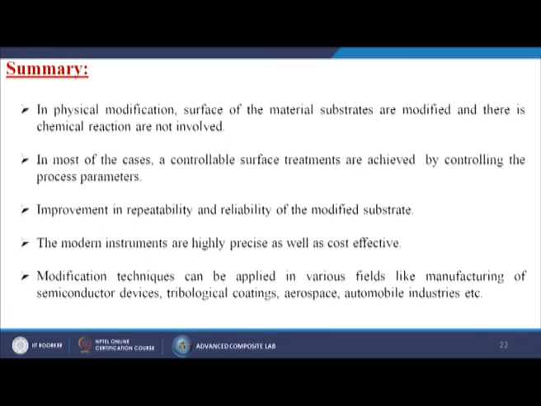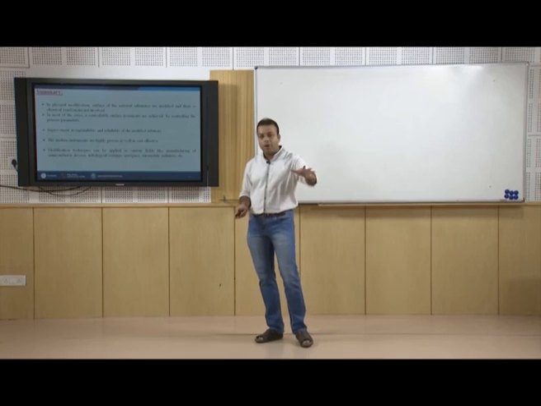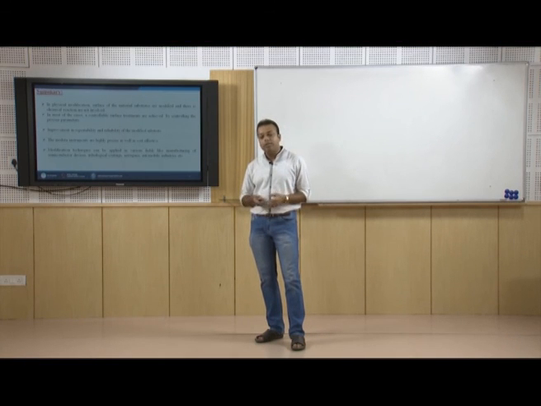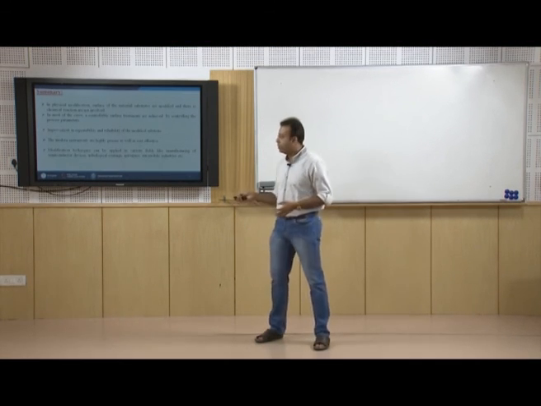Modern instruments are highly precise as well as cost effective. By doing these physical modifications, we can increase the service life of the material. Modification techniques can be applied in various fields like semiconductor device manufacturing, tribological coatings, aerospace and automobile industries. These are a few of the applications where we can use physical modifications.